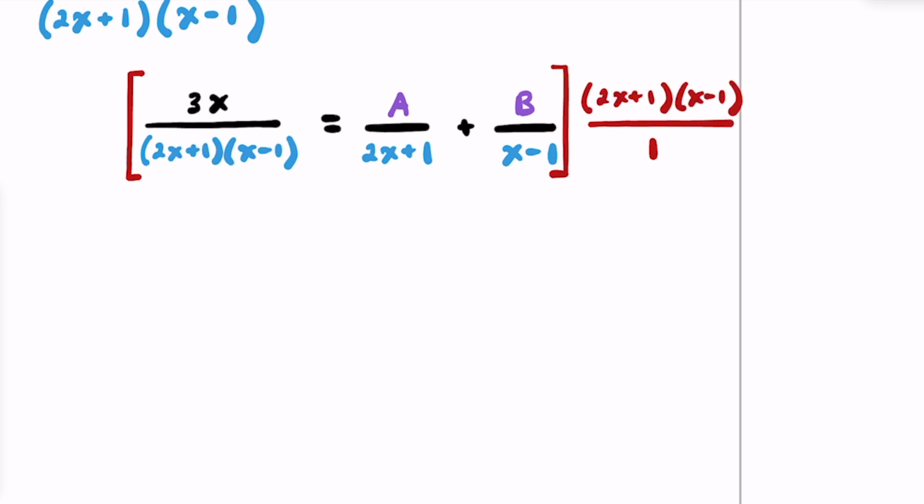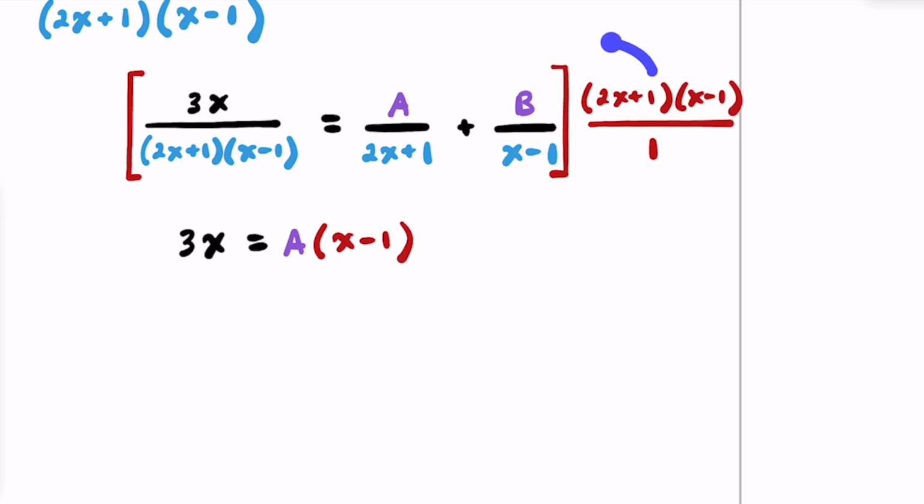So on the left side of the equation, we're actually just going to be left with this 3x. Then multiplying this expression by this term over here, the 2x plus 1 and 2x plus 1 are going to cancel out. So we're going to be left with a multiplied by the x minus 1. So let's go ahead and say that the 3x on the left side is going to be equal to a multiplied by that x minus 1 expression.